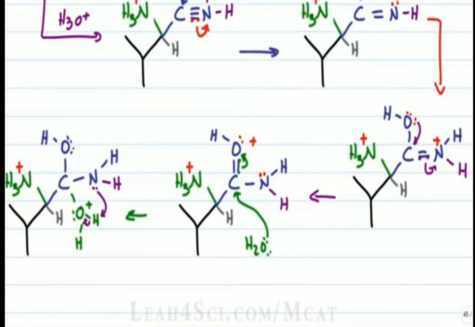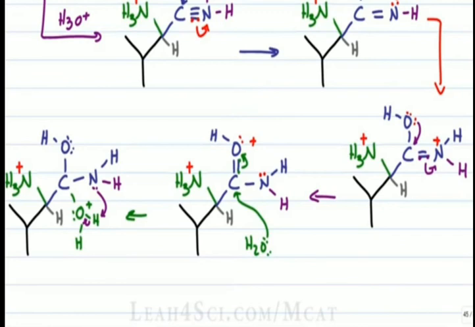So this is the mechanism for the hydrolysis reaction. In this Strecker synthesis, the nitrile nitrogen of the amino nitrile is protonated and the nitrile carbon is attacked by a water molecule.